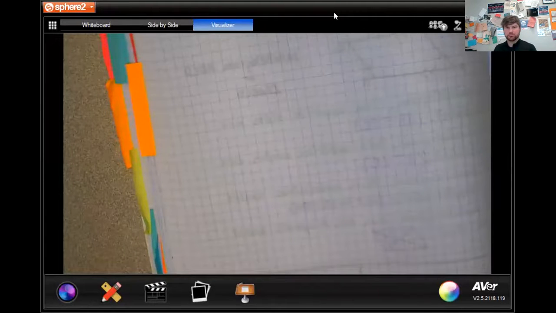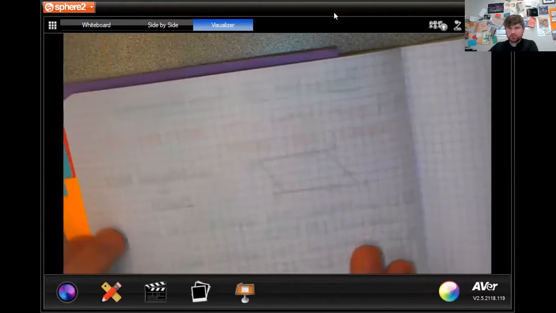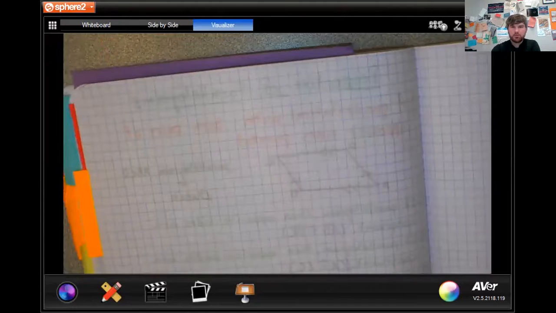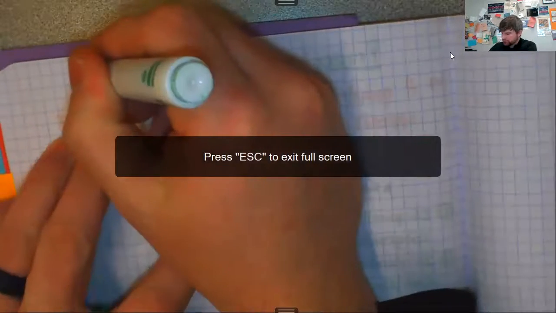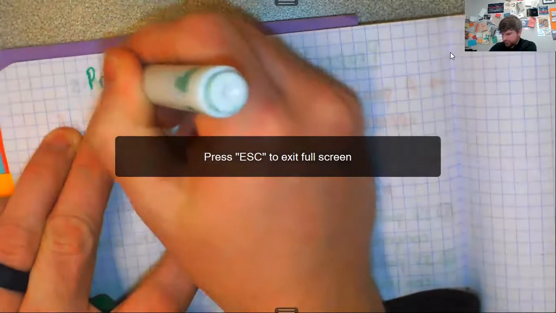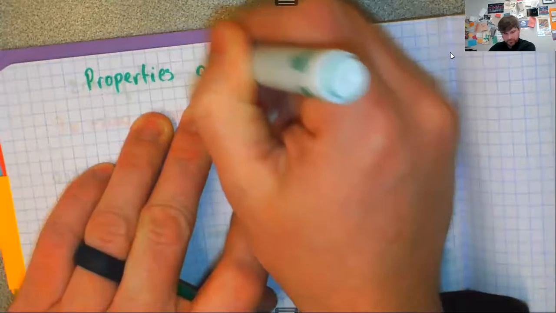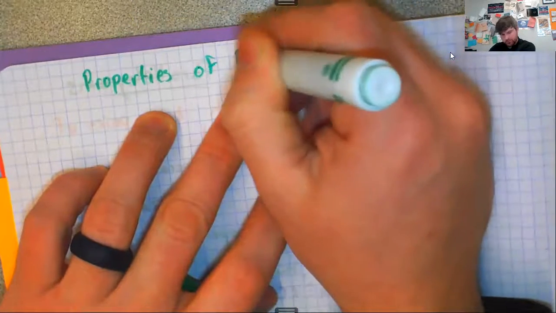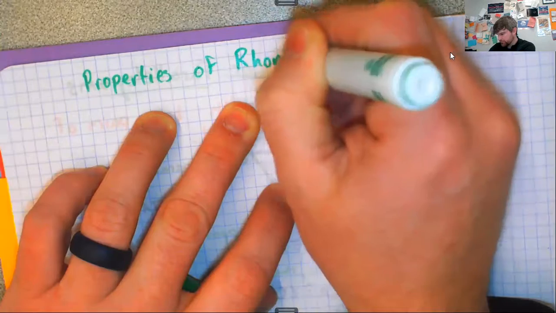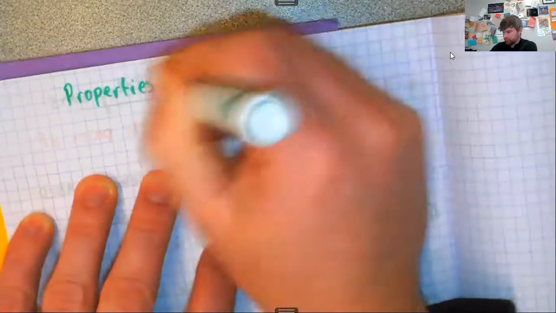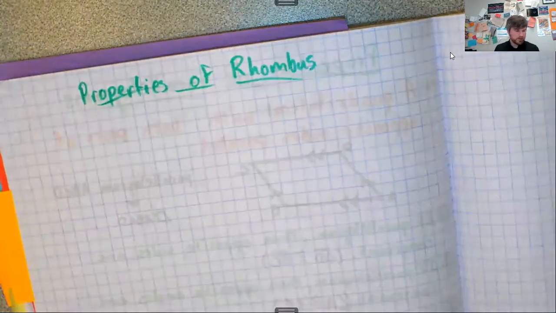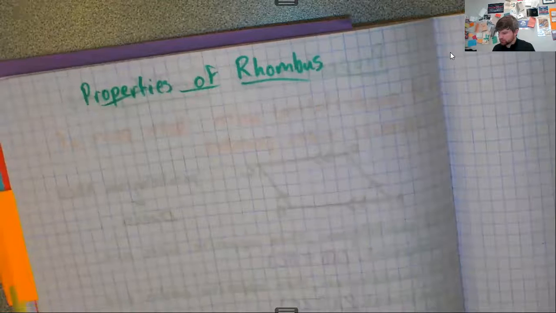So here we have properties of a rhombus.